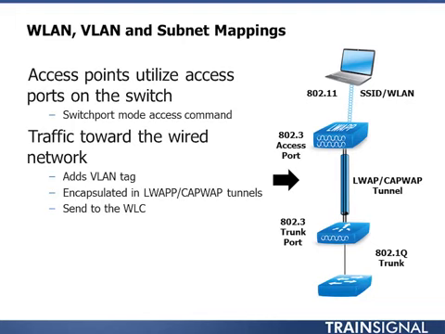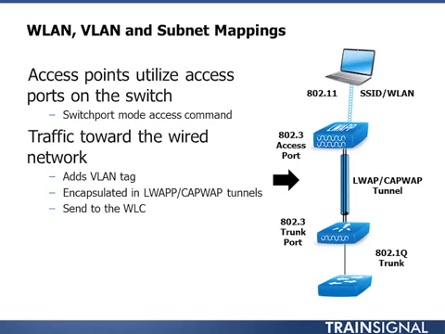Remember, I could have different access points connecting to the switch, and all of those are going to be routed to the wireless LAN controller. So the wireless LAN controller must be set up as a trunk in order to receive traffic from different access points which have been tagged with different VLAN IDs.